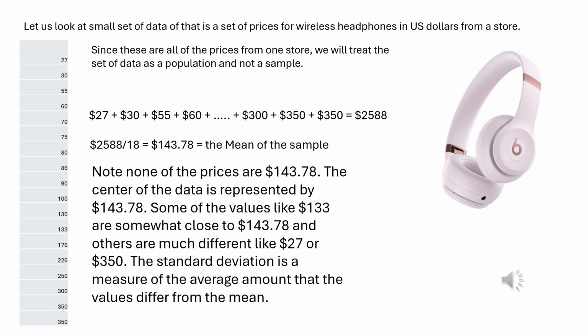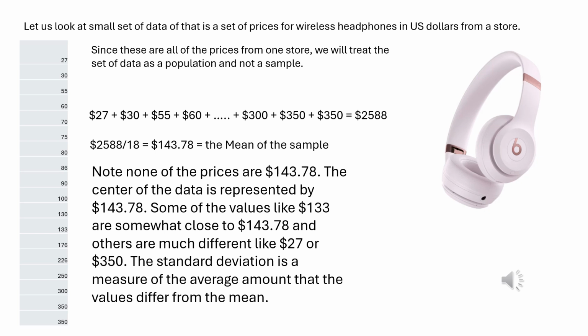If we divide that by 18, we get a mean of $143.78. Notice none of the prices are actually $143.78, so all of the data differs from the mean.